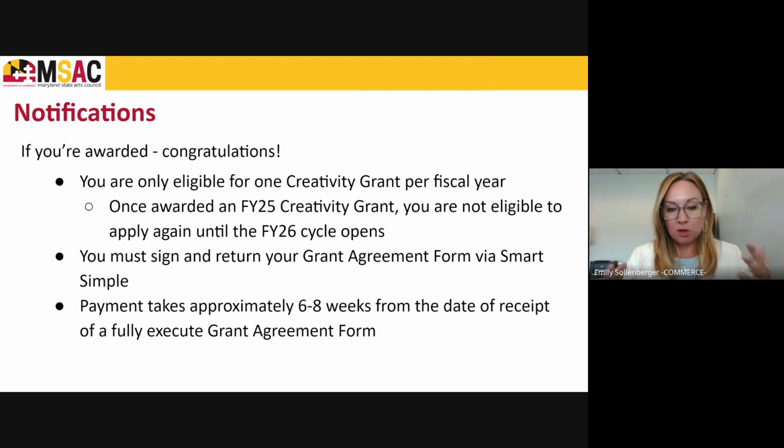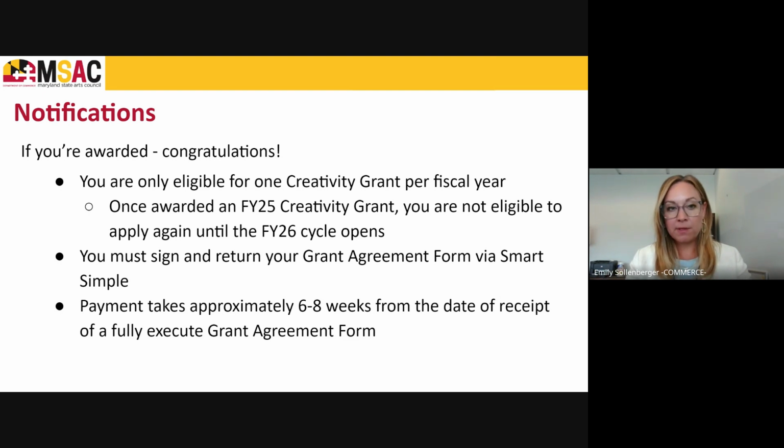Upon your award notification that would be sent to you via email, you would then sign and return a grant agreement form through Smart Simple, our grant platform. So that would all happen digitally from that platform. You would sign it, and then the State Arts Council would then countersign that grant agreement form, so then it would be fully executed.